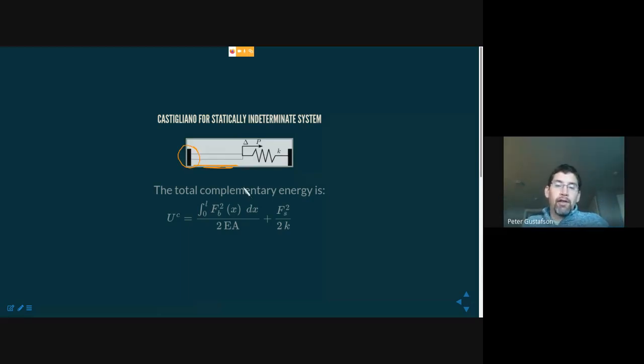But you actually see that the boundary condition doesn't really show up in this equation, other than that it was probably necessary to get these complementary energies in their very lowest level derivation. But we skipped that lowest level derivation because we know what the axial complementary energy is in a bar.